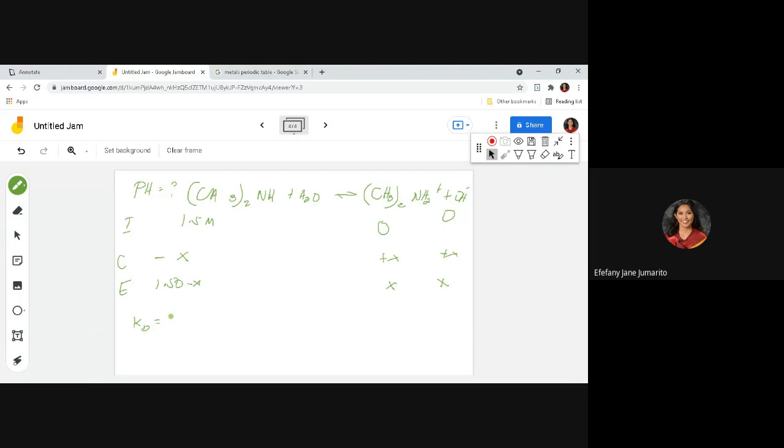Kb here is the concentration of (CH3)2NH2+ times the concentration of OH minus, over the concentration of (CH3)2NH.